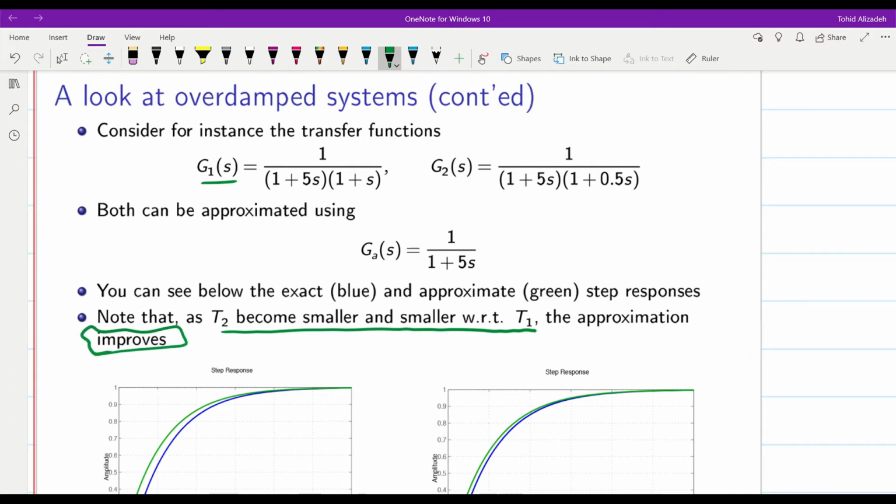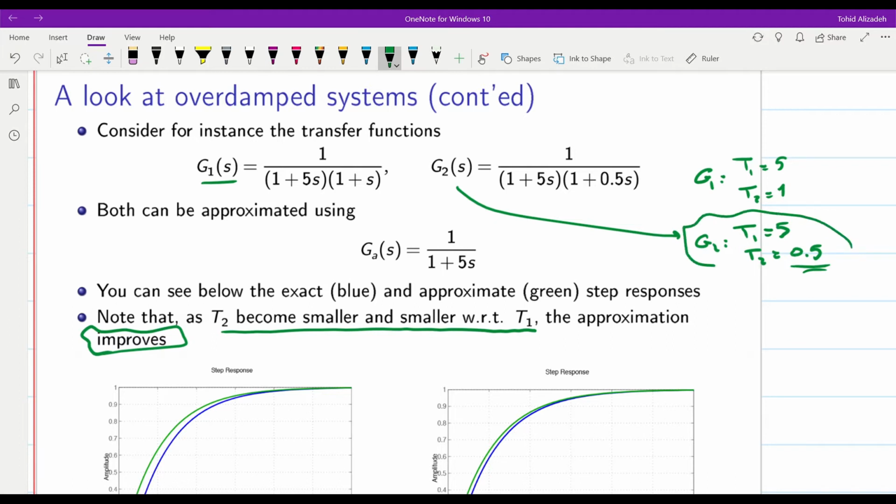In the first case, for G1, we have T1 equal to 5 and T2 equal to 1. In the case of G2, we have T1 equal to 5 and T2 equal to 0.5. So T2 is much smaller than T1 in the second case compared to the first case. However, for both cases, we can approximate the system as 1 over 1 plus 5s, with T1 equal to 5.